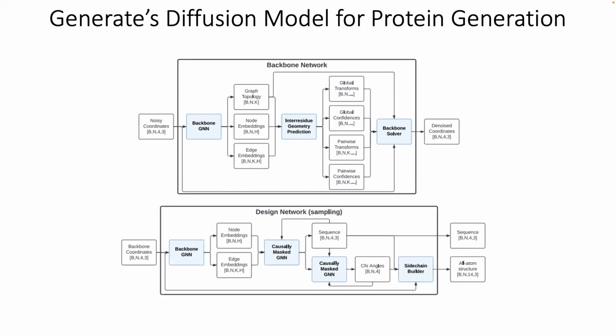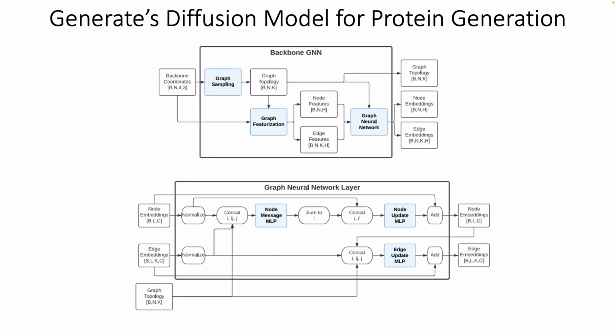And then I'm not going to go into super detail of the backbone network or the design network, but they're based off of this GNN layer that they defined. And you can think of some of the updates being similar to ProteinMPNN, for example, especially for design. And then the nodes and edges, so you're familiar with the concept. And then if you're curious, you can look at the specific operations that take place and how everything feeds together and what updates what.